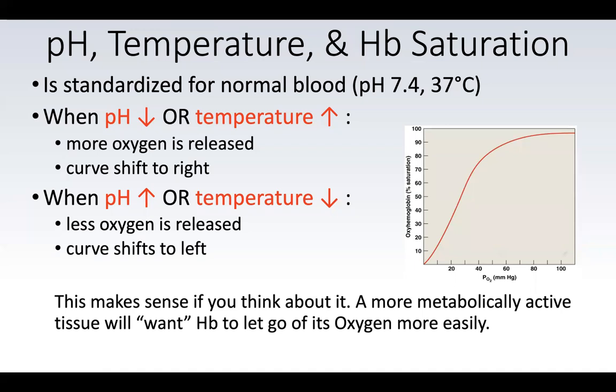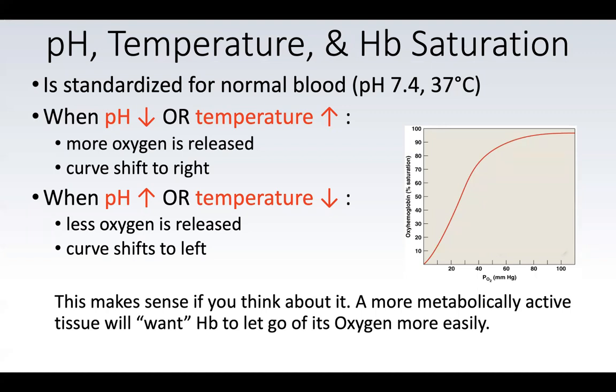That was an intentional pause. The goal was to give you some time to think about it, maybe draw it out, if you will. So the reason why there is a shift to the right when there is a decrease in pH in blood or an increase in temperature is because you will have less oxygen, less partial pressure, or less concentration of oxygen in the blood.